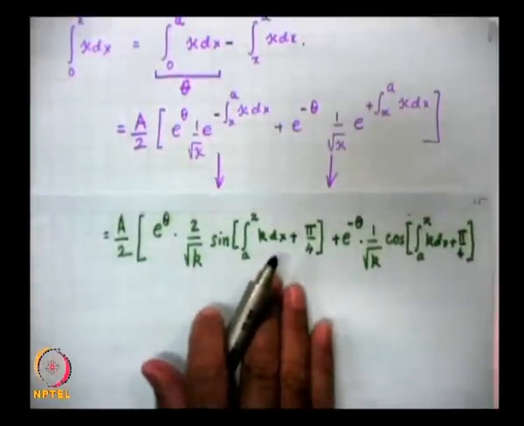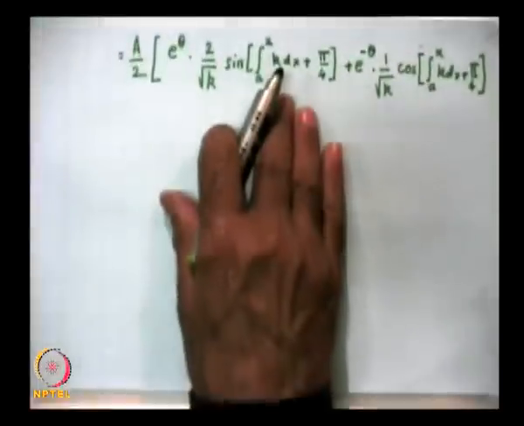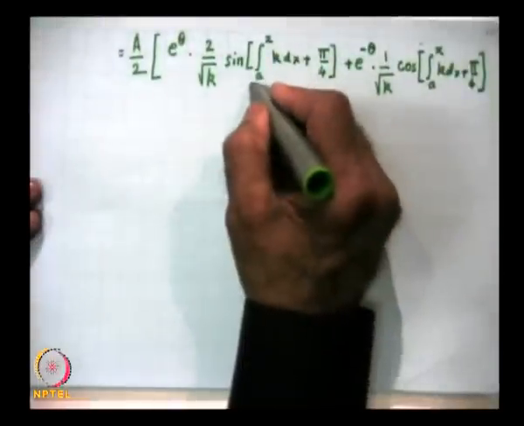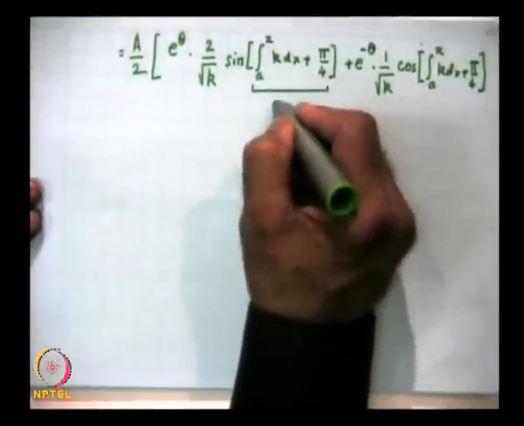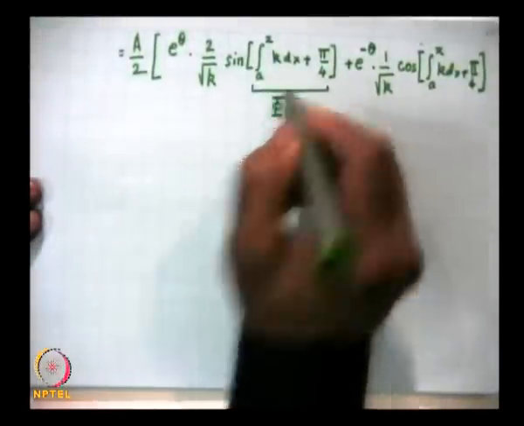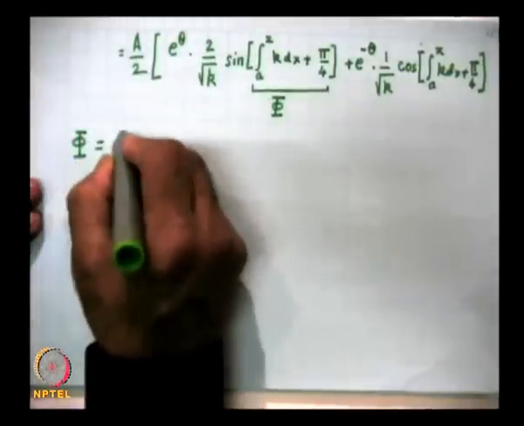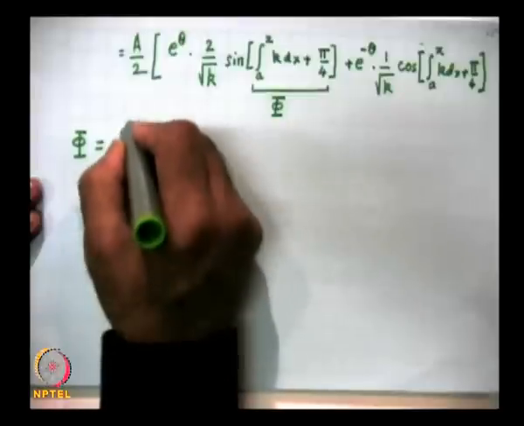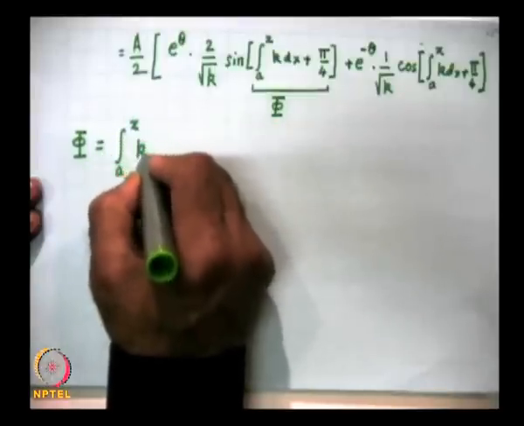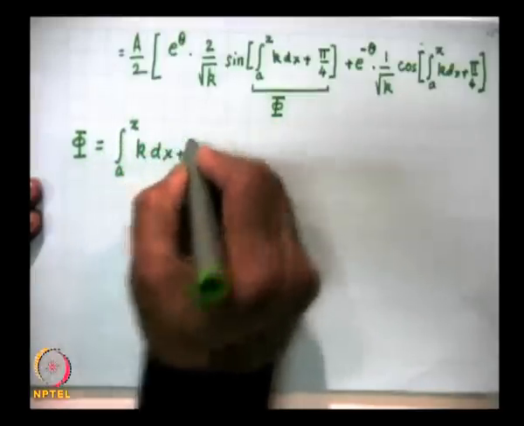So, therefore, once again, if this is phi, I write phi as integral a to x k dx plus pi by 4.